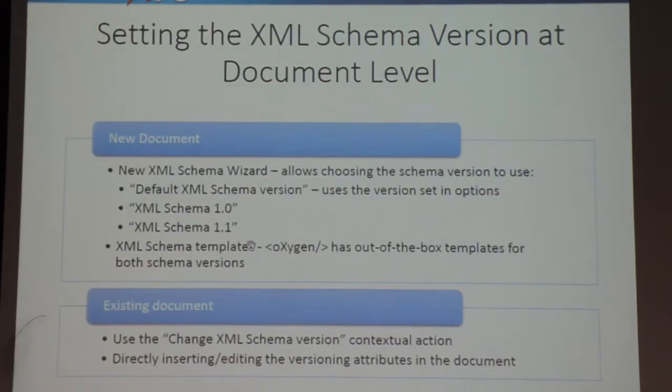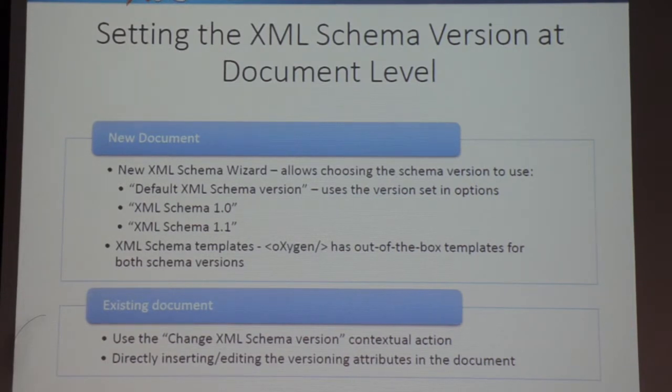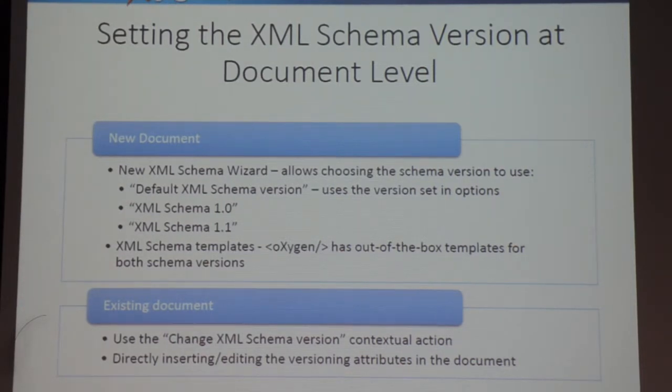You can set the XML schema version on a new schema or on an existing document by using the new XML Schema Wizard, which allows you to choose between XML Schema 1.0, 1.1, or the default XML schema version. This is the setting set in the application options.